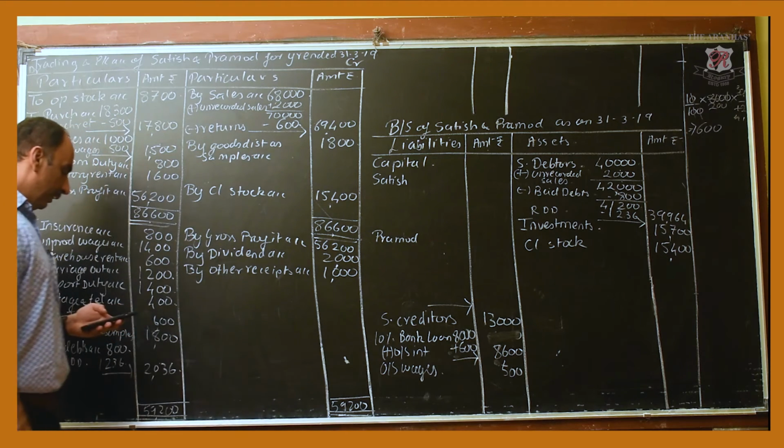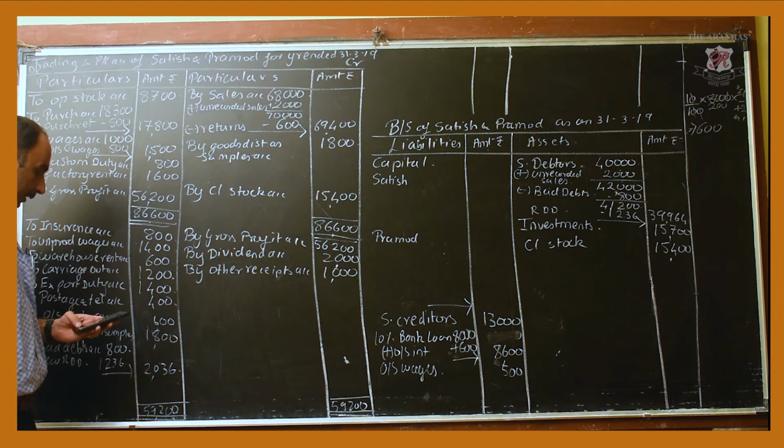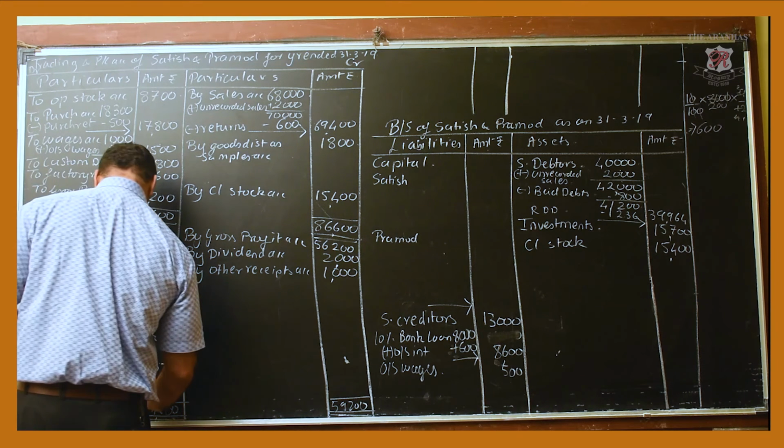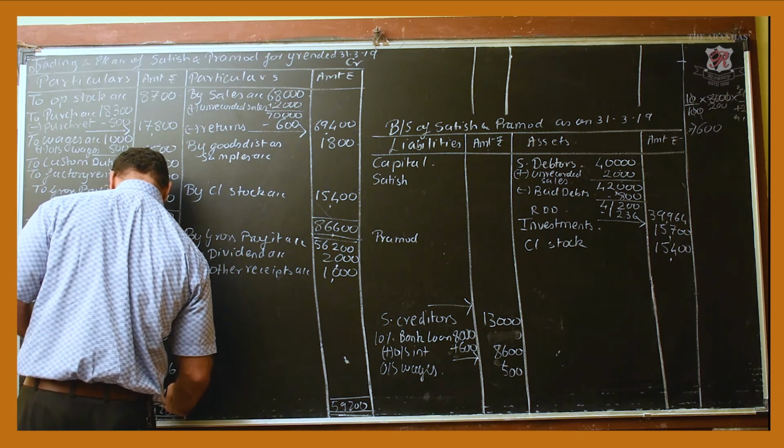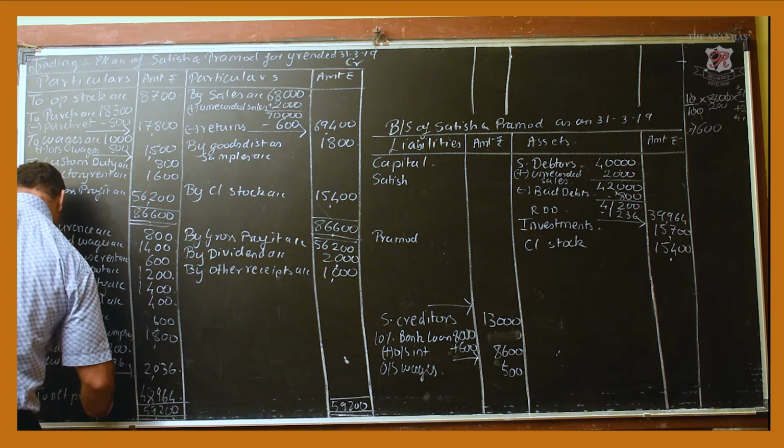From 59,200 I will minus all these debit items: minus 800, minus 2,000, minus 1,200, minus 1,800, minus 600, minus 1,800, minus 2,036. So 48,964. This will be the net profit.